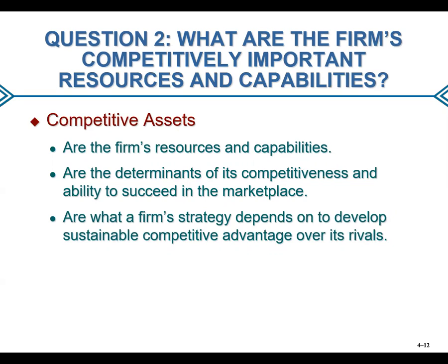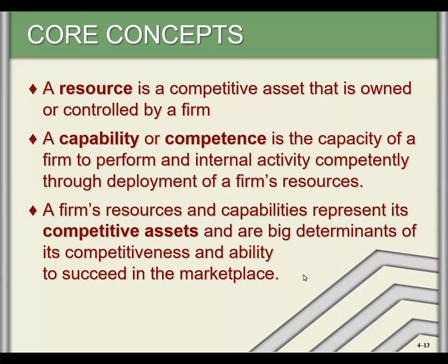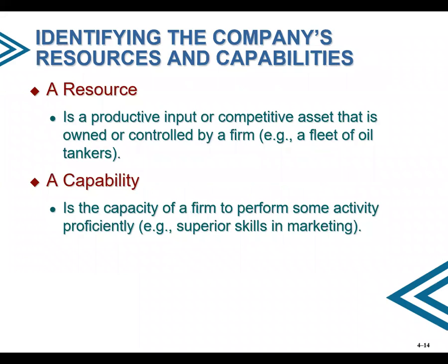We can have land. A resource is something that the company owns. And a capability is a certain skill or ability the company has, or maybe the people they have that have that kind of skill.